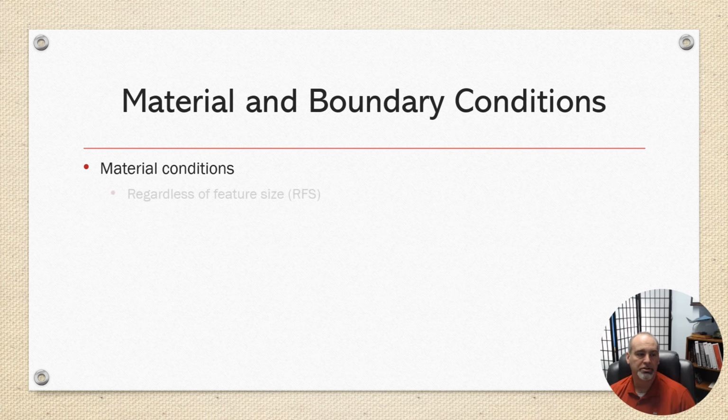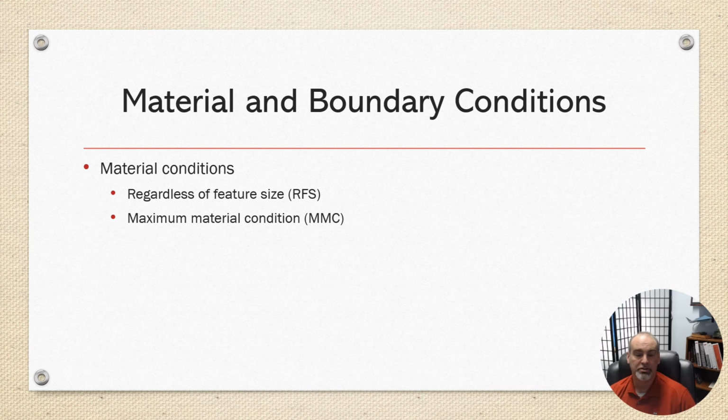So material conditions is regardless of feature size is assumed if it's not called out. If there's an abbreviation, it's RFS, but it's not required to put it on the standard anymore. If it's omitted, if other conditions are not listed, it's assumed that RFS applies. Okay, and we have maximum material condition, which is MMC.